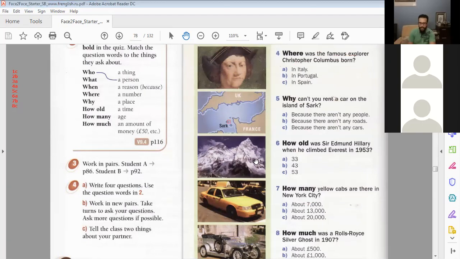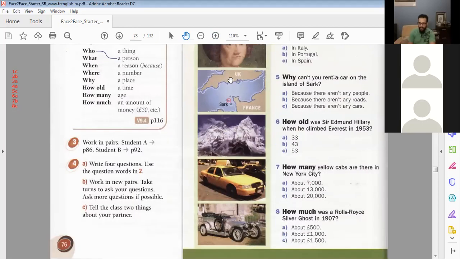You see how old he was, Basma? The correct answer is C. You chose A, 33. Yes, but not 33. He was 53. So he was a bit old, right? He wasn't young.